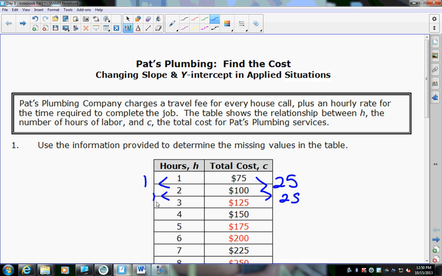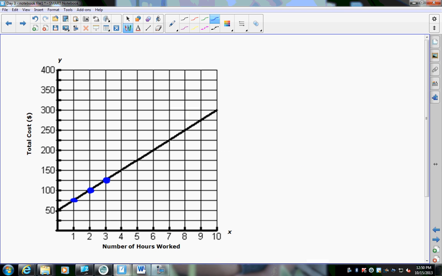If you wanted to find your starting point, you would have gone back to 0. As you went back 1, you would have gone back 25, and that would have given you a starting amount of 50, which would have been at 0, 50. And then you should have drawn your line.